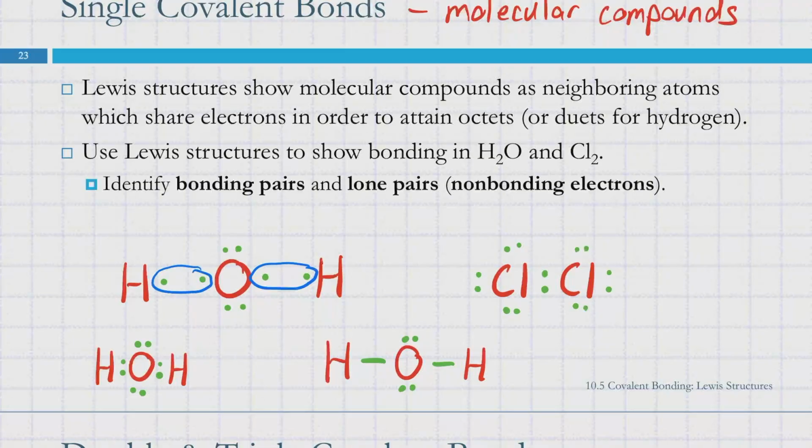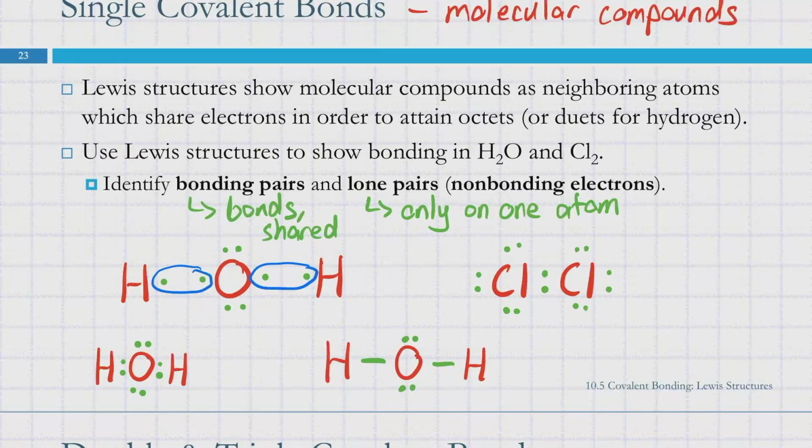Our bonding pairs are 2 or more electrons, 2, 4, 6, 8 electrons that we're using to bond between 2 atoms to connect them. And lone pairs aren't bonding, these are only on 1 atom, whereas our bonding pairs are shared.